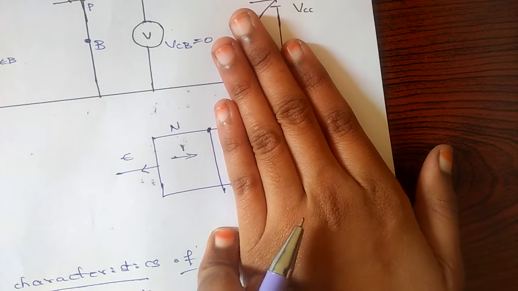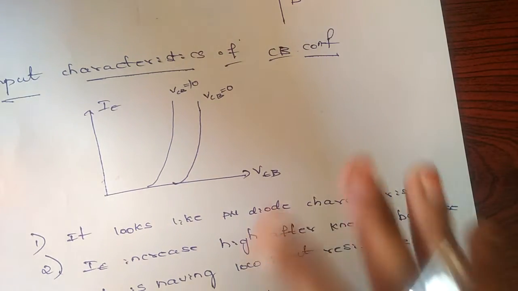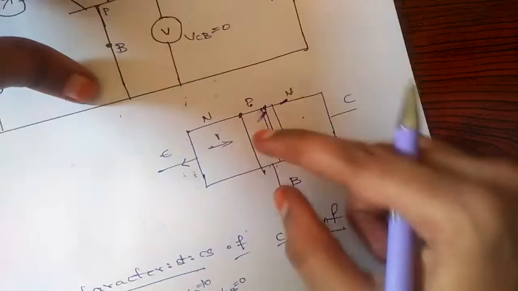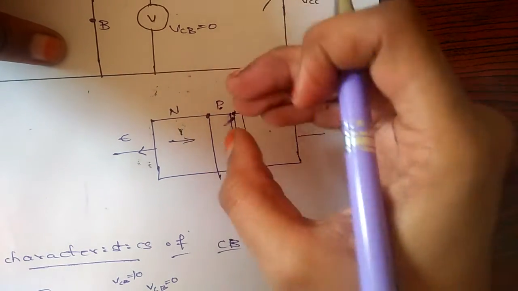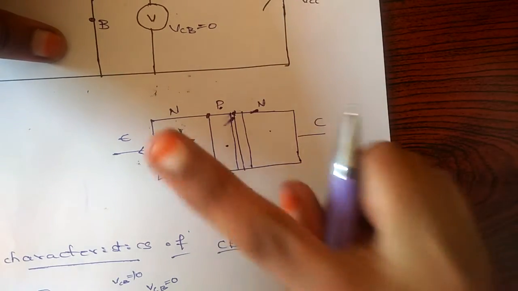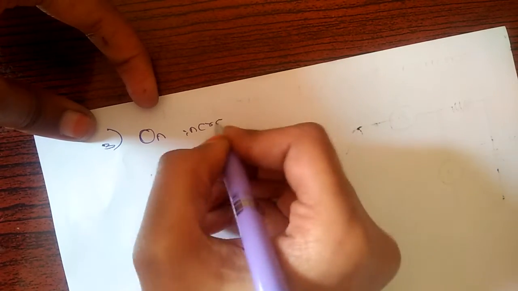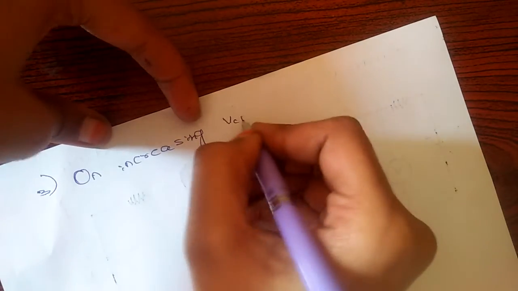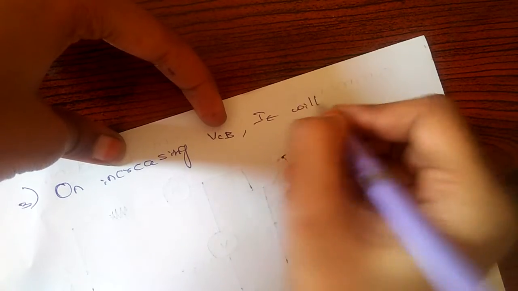On decreasing base current, IE will increase. I think you got my point. On increasing VCB, this depletion region will penetrate deeper into the base region, so the base current will decrease and the IE current increases. So on increasing VCB, the IE current will increase.